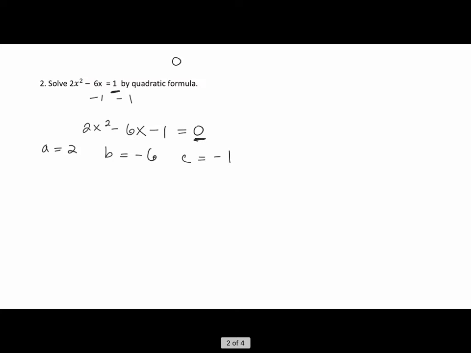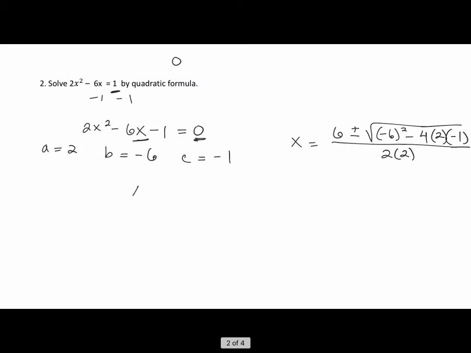All right, I'm solving for that middle variable, x, equals the opposite of negative 6, so that'll be a positive 6, plus and minus the square root of negative 6 squared minus 4 times a, which is 2, times c, which is negative 1, all over 2 times a, that's 2.